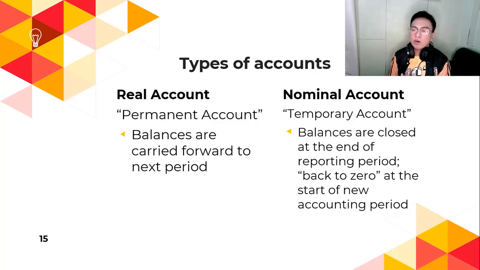Anong ibig sabihin ko? Revenues ni 2020, para lang yan kay 2020. Hindi yan pwedeng madagdag kay 2021. Okay? Expenses also, expenses ni 2020, kay 2020 lang yan. And expenses ni 2021, kay 2021 lang siya.